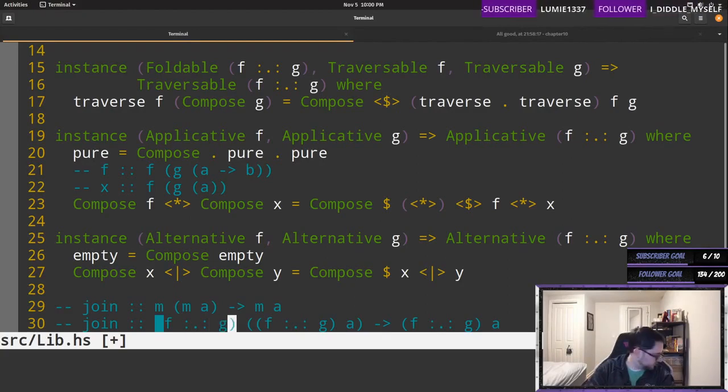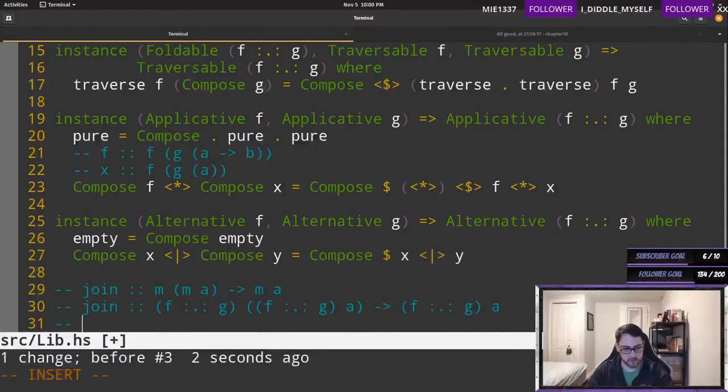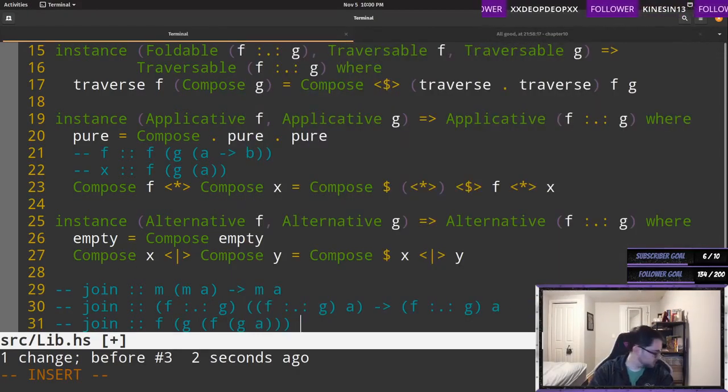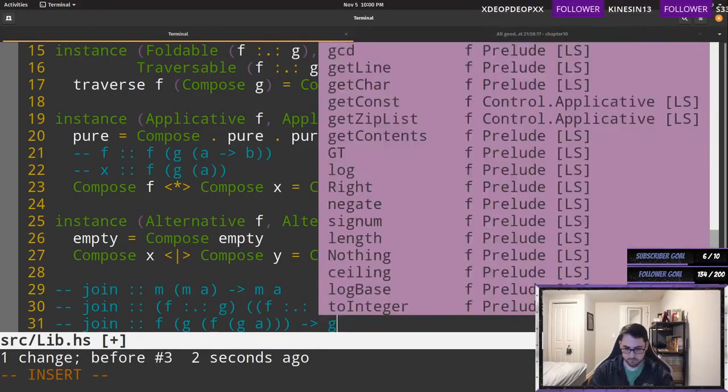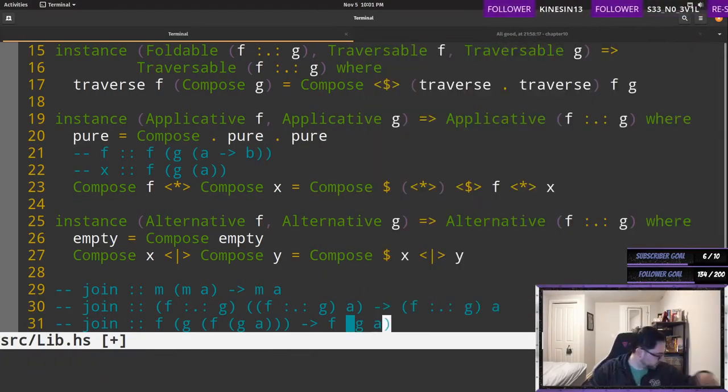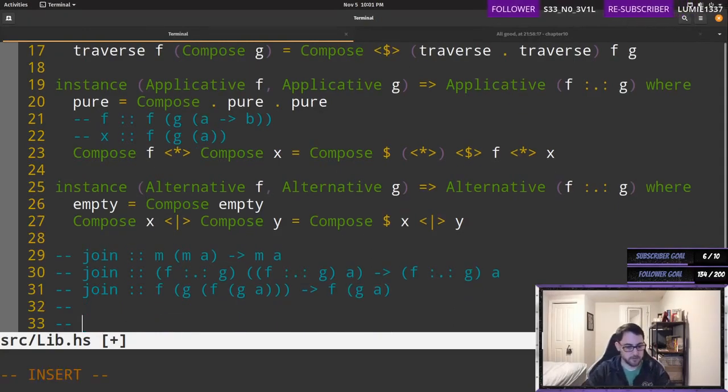Yeah, and just to, well, written a slightly different way. FGA. I think I remember reading this somewhere else, but yay. FGF. Nice. Okay.